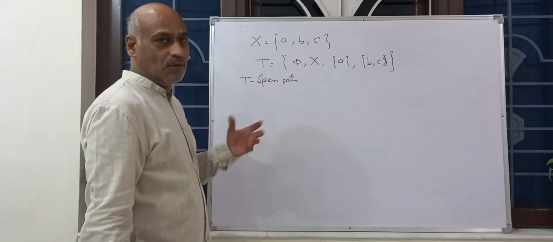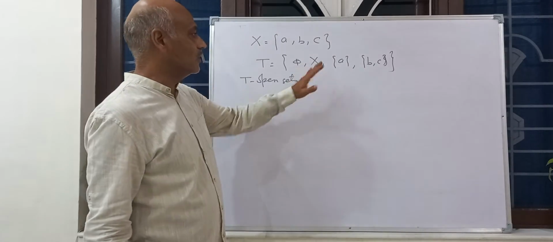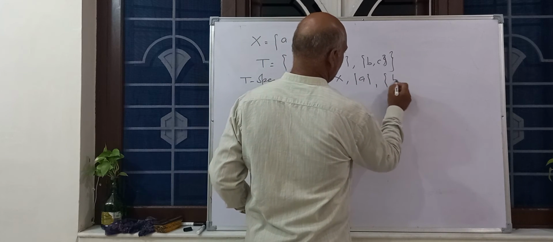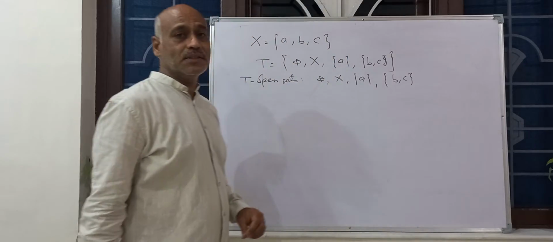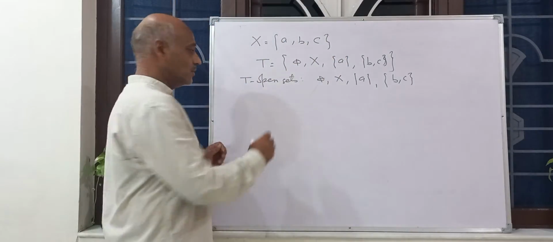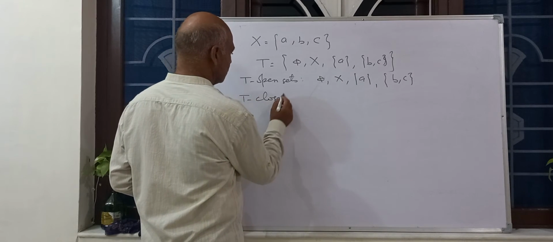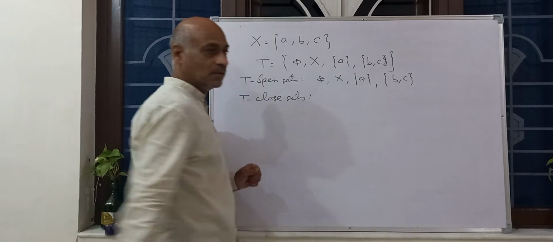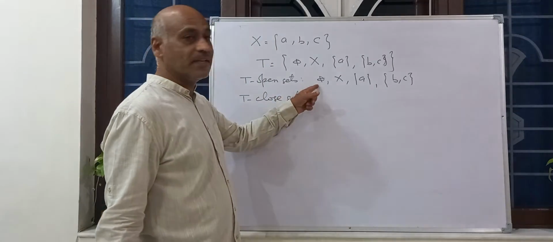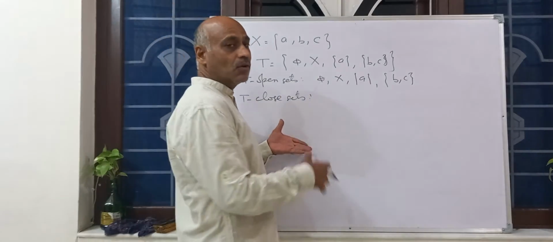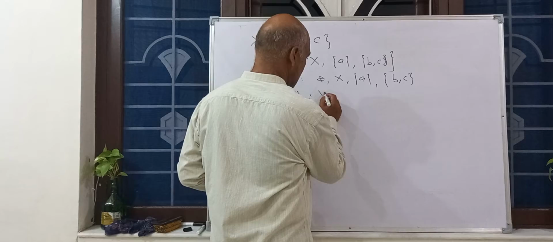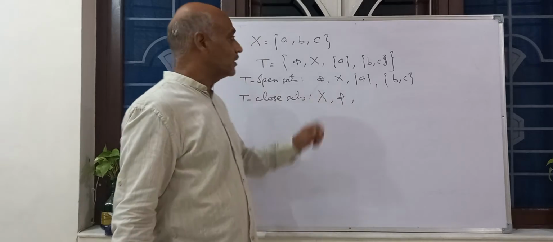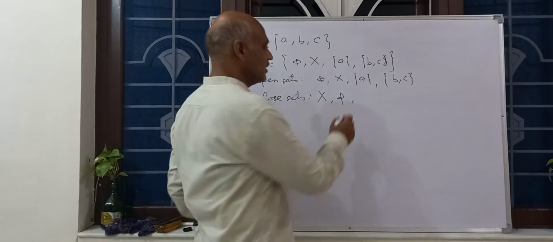All elements of T are T open sets, means phi, X, A, B, C are T open sets. So what will be T closed sets? T closed sets means X minus A. X minus phi is X, the complement of phi is X. X minus X is phi. X minus A, X is this one, minus A means BC.